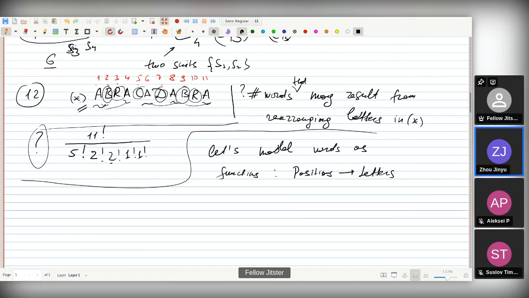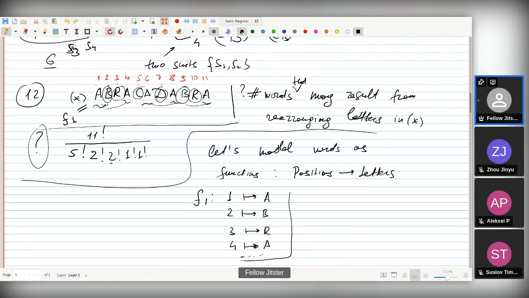Yeah. So this very word, let us call it, say, F1. This very word will be which function? That maps 1 to A. Maps 2 to B. Maps 3 to R. Maps 4 to still A, and so on.